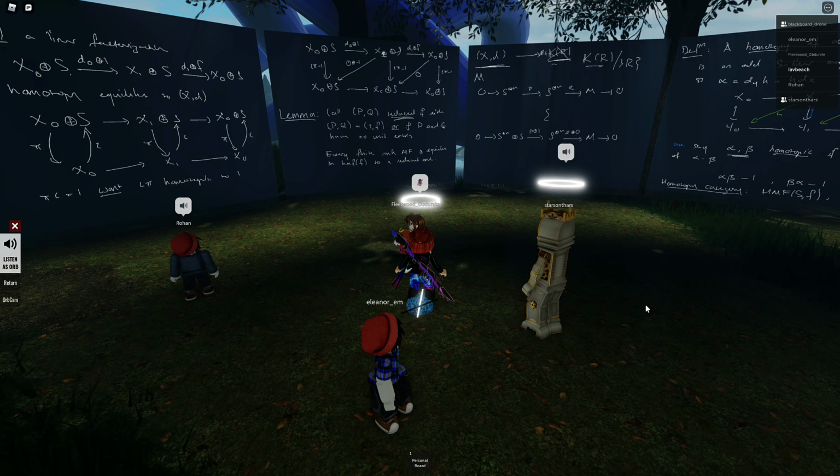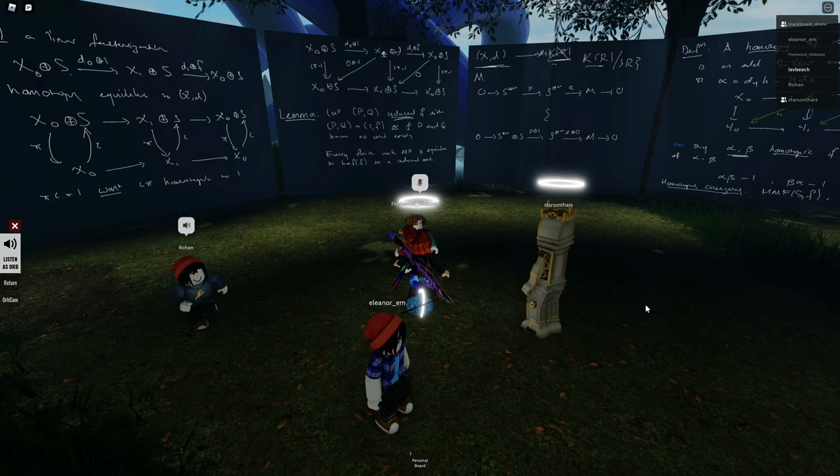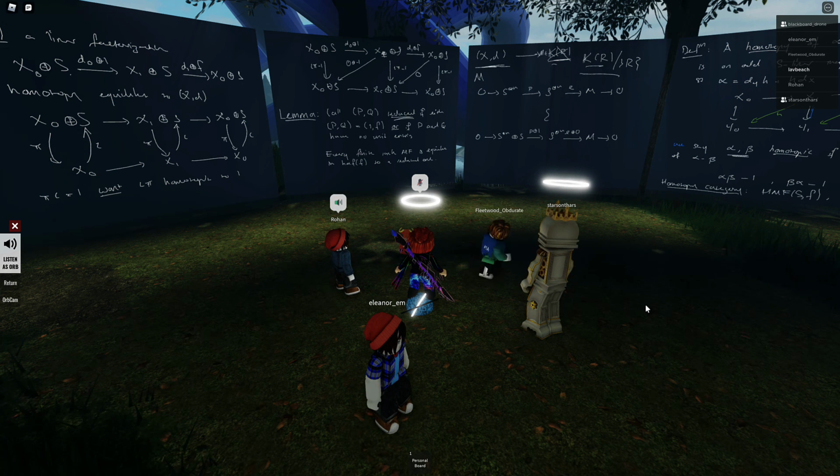Well, if you want more motivation for why we pass to the homotopy category, if we look at it geometrically, this homotopy category is equivalent, if you look on the third board, it's still written up there, to this category KR mod R, right?